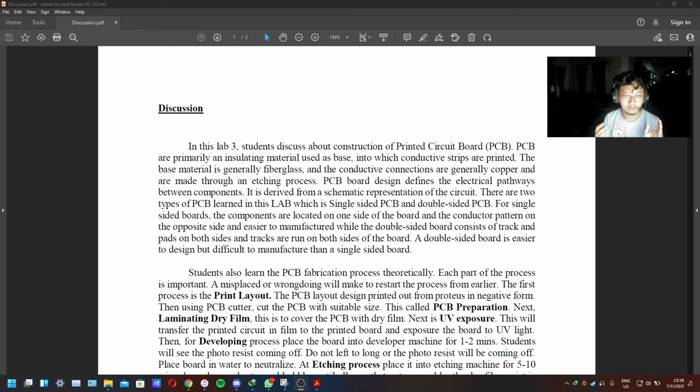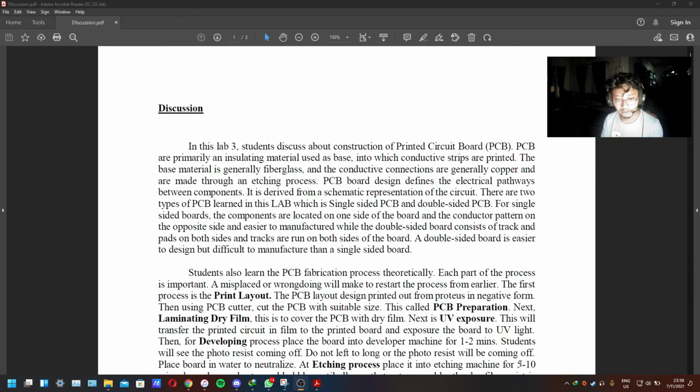The copper can run from both sides, so it's easier to design the board, but double-sided is harder to manufacture than single-sided, which is hard to design but easy to manufacture.